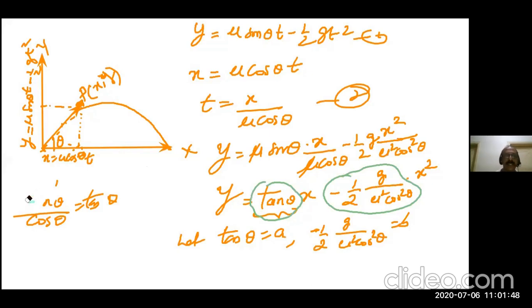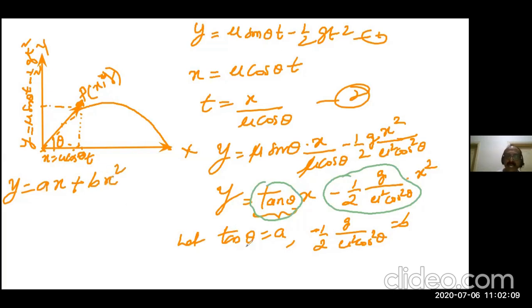Then we can conclude the answer. Look here, the final answer: y is equal to a x, because tan theta is a, plus, minus already I have taken here, that is b x squared. So a we can calculate from tan theta, and b we can calculate from here. Substitute a and b and x as 1 meter, 2 meter, 3 meter like that.